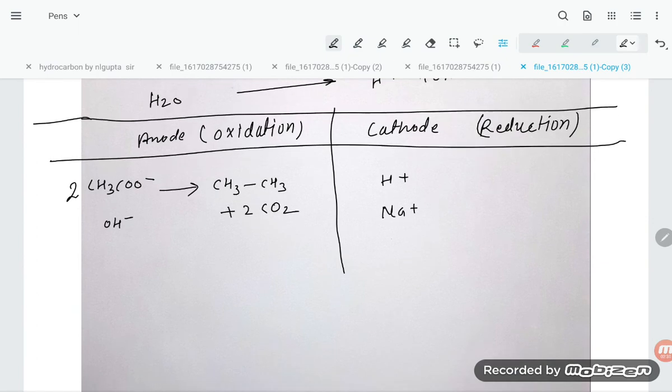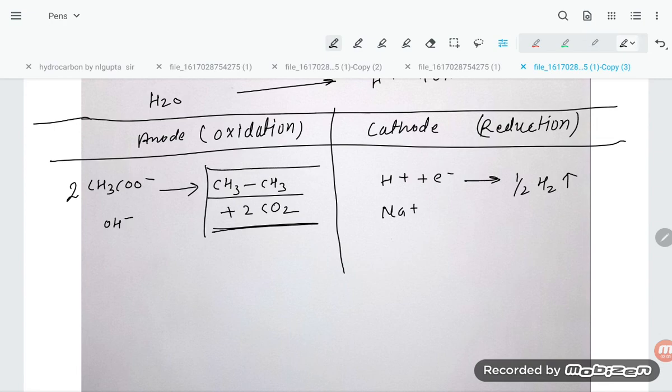And whatever electrons we are getting, this electron will combine with H+ and give half mole of hydrogen gas released at the cathode. So two things we have to keep in mind: at the anode, ethane and carbon dioxide will release, while at the cathode, hydrogen gas will release.